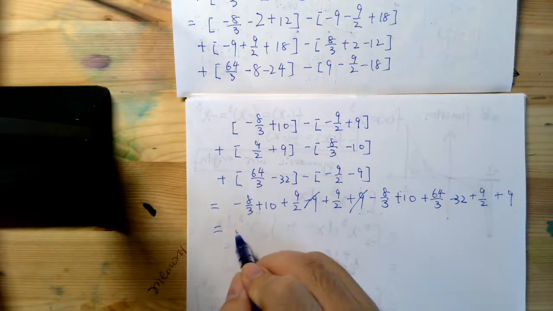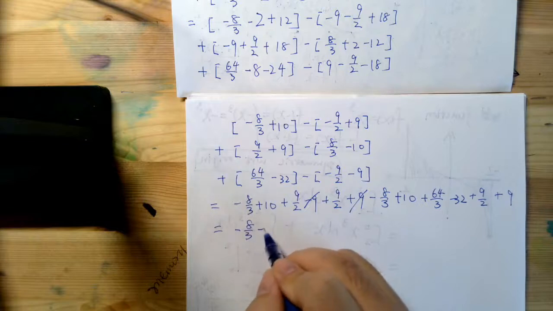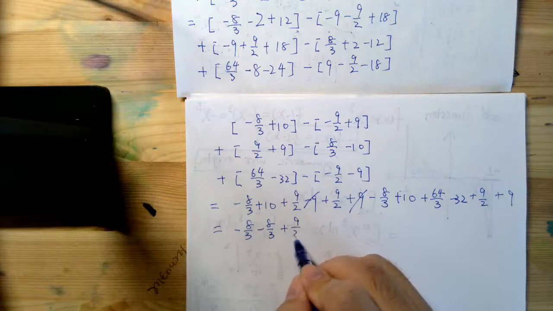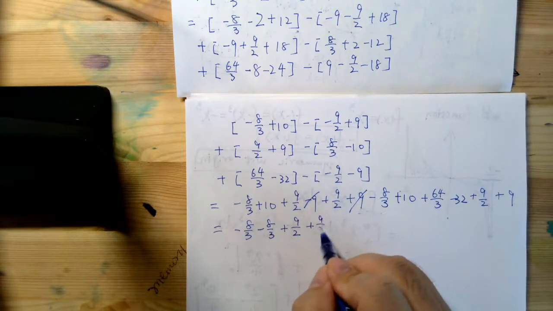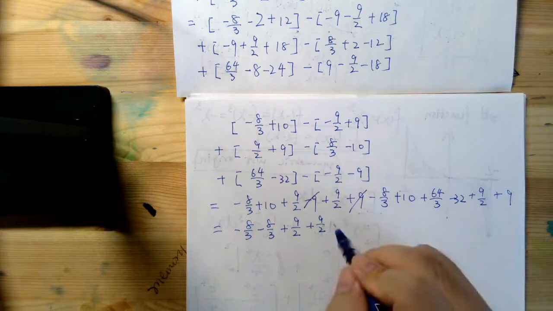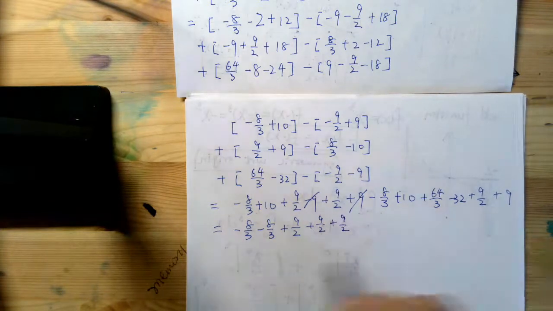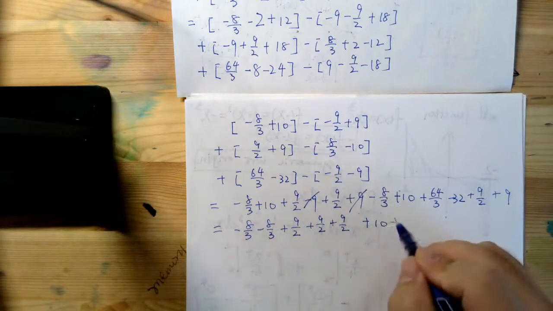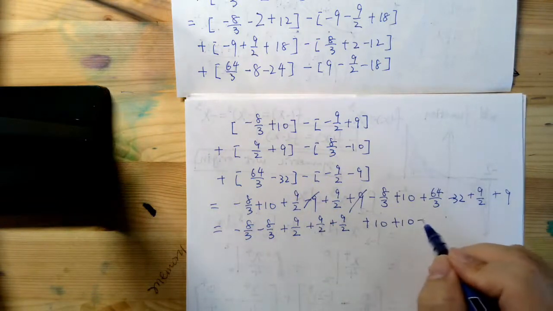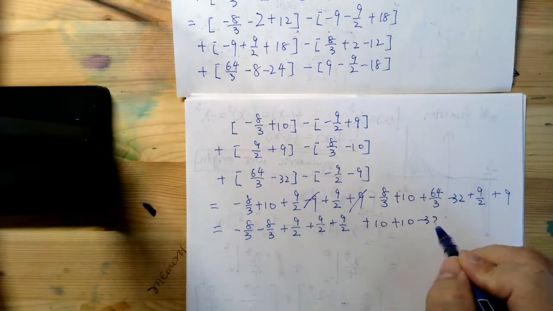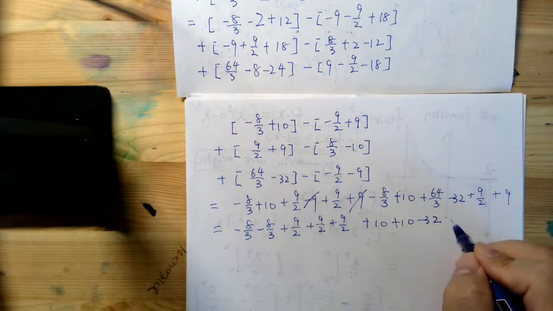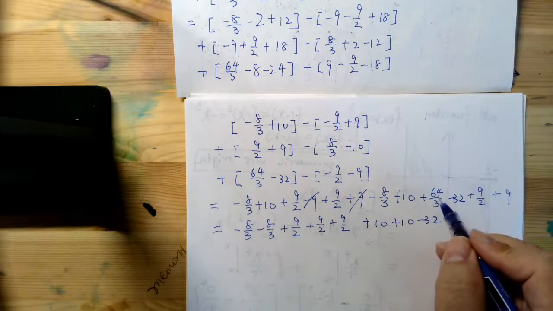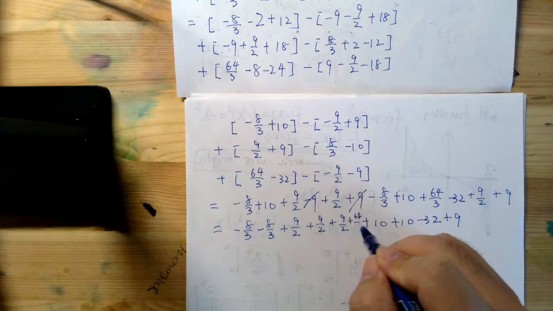And then negative 8 over 3, negative 8 over 3, plus 9 over 2, plus 9 over 2, plus another 9 over 2, so that's all the rationals, plus a 10, plus a 10, minus 32, plus 9. I forgot there is one more rational, which is 64 over 3, so it's plus 64 over 3.